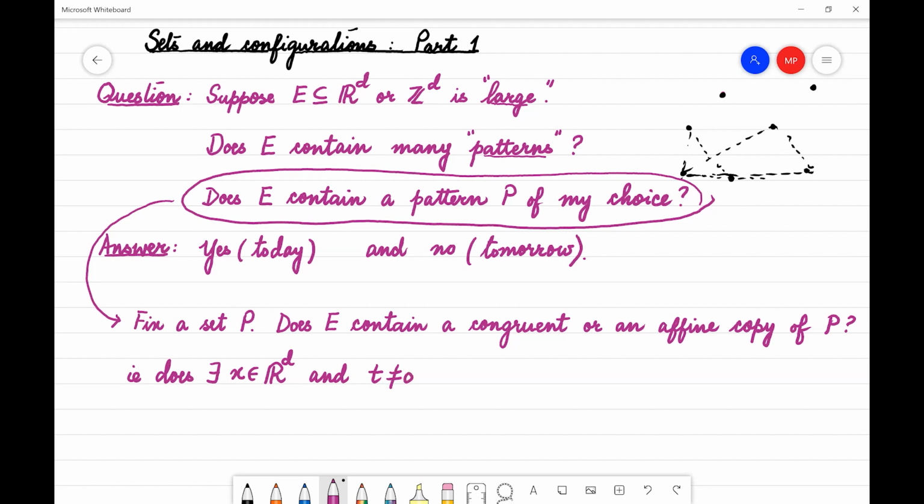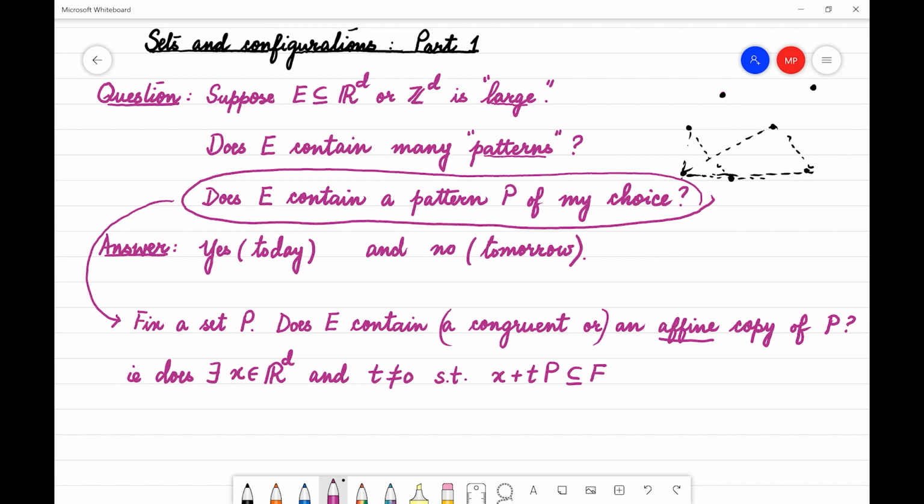This is for the affine bit. Congruent is easier. So does there exist a translation x and a dilation t such that x plus tP is a subset of E?